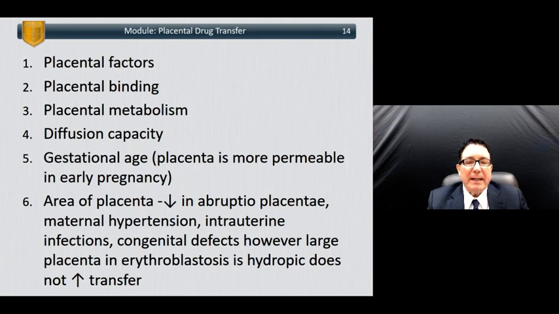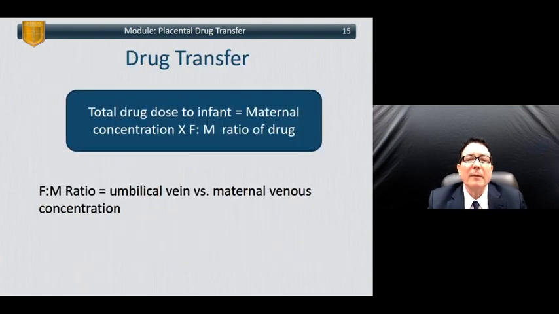So, placental factors: placental binding, placental metabolism, diffusion capacity, and gestational age, in which the placenta is more permeable in early pregnancy. The area of the placenta can also be decreased in certain conditions, for example, in abruptio placentae and maternal hypertension, leading to increased transfer of drug.